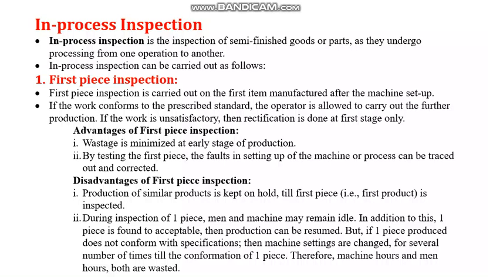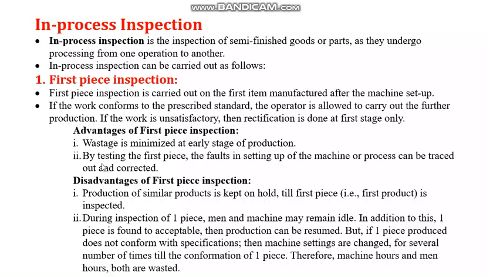Suppose if you print all the 50 pages without even checking the first page, then if something goes wrong, all the 50 pages are wasted. You won't do that, is it not? You print the first page and see. The same thing here. The first piece is inspected.